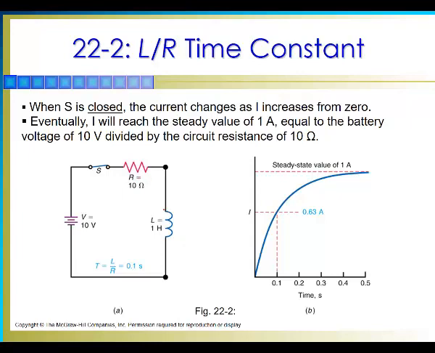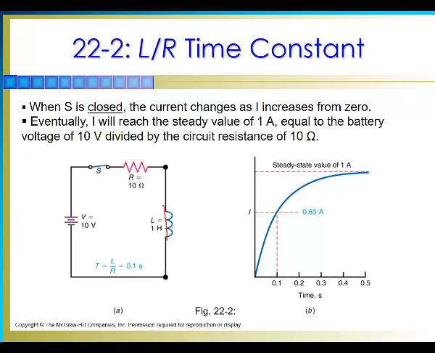When we have a circuit that has an inductor in it, as we may recall from the inductor chapters or previous lectures, we said that this inductor will act as a short circuit if there is no change in current.